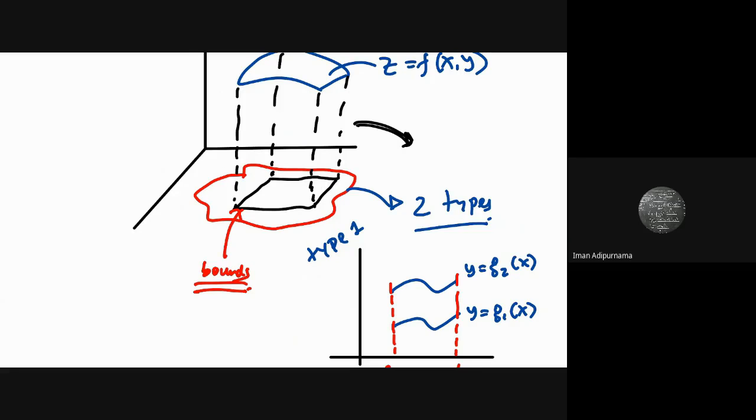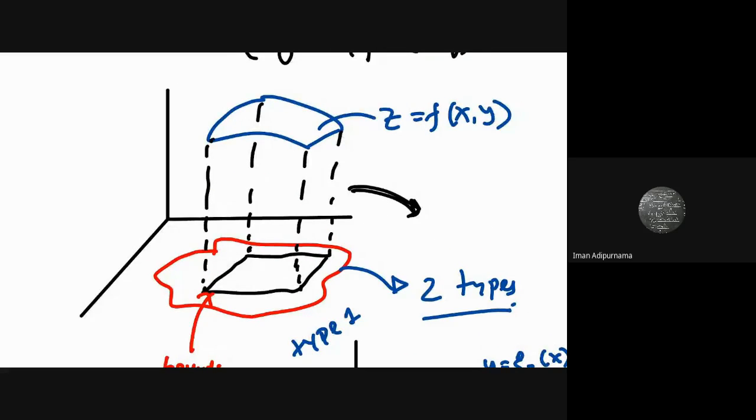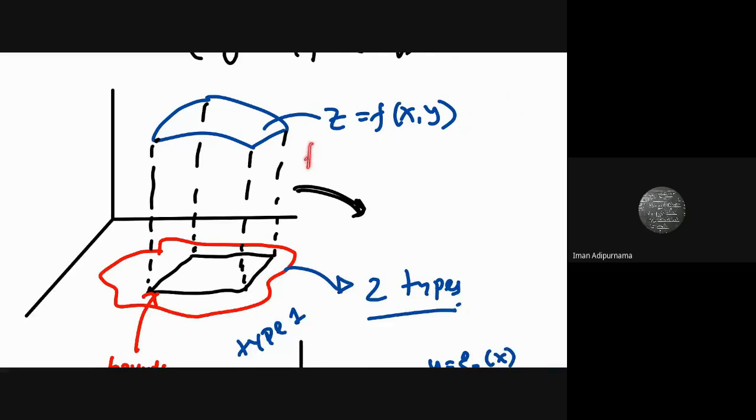We need to know what kind of bounds the area has, right? Because we are not really sure what this bound here is. The functions can be any functions. It can be a quadratic surface, like a paraboloid, etc. Or it can be just a plane, right?